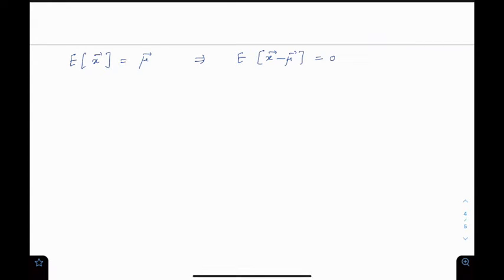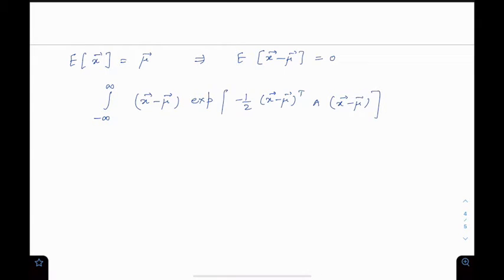So this can be written explicitly as an integral from minus infinity to plus infinity. We rewrite the distribution here. This is the quantity that we want to vanish.